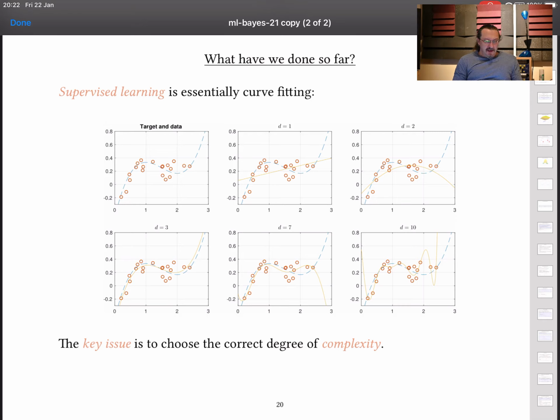The game here is that, in fact, those red circles have been generated by initially finding some points that are on that dotted blue line, and then adding some noise to the y-axis. So those red circles are exemplars of this actual relationship that we want to be able to identify, but we never actually get to see.